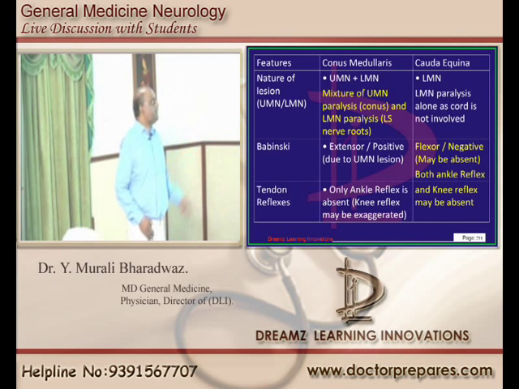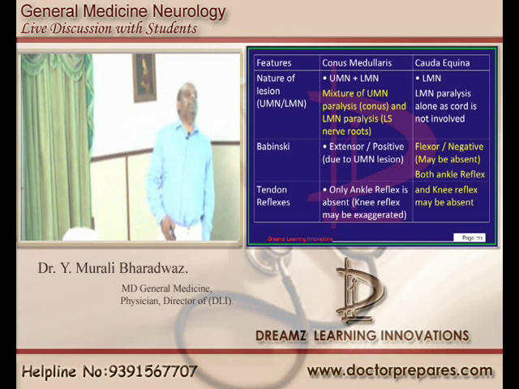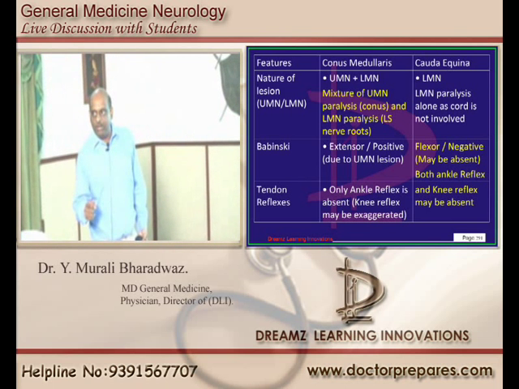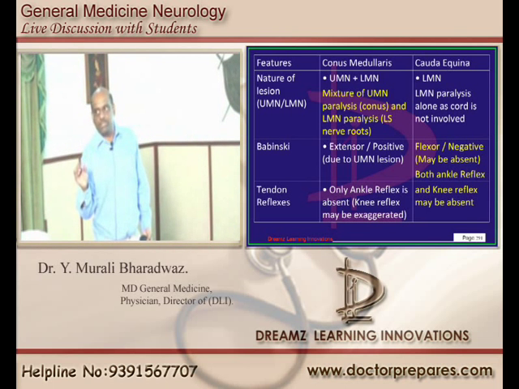So Babinski will be positive in conus, and among the tendon reflexes, only the ankle reflex will show LMN kind of areflexia. Why? The ankle reflex root value is S1, and in case of conus, what is involved? Sacral spinal cord and lumbosacral nerve roots.